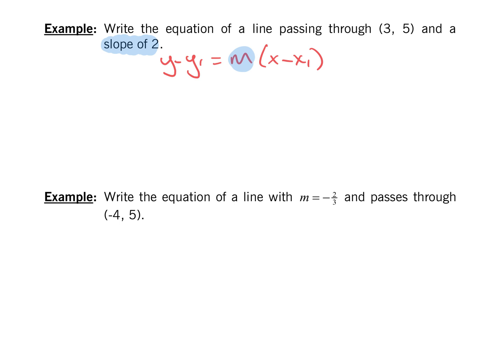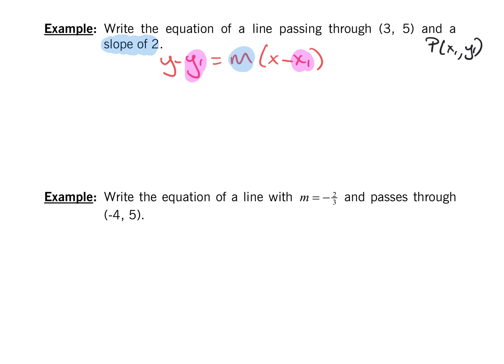Okay, fair enough. What about x1, y1? Now, x1, y1 is what we're used to seeing when we talk about a point. We have a point, x1, y1. And if we want to find distance, or midpoint, or find the slope, we would also have a point x2, y2. But in this question, we just have a single point.